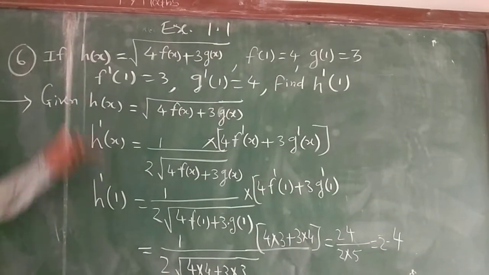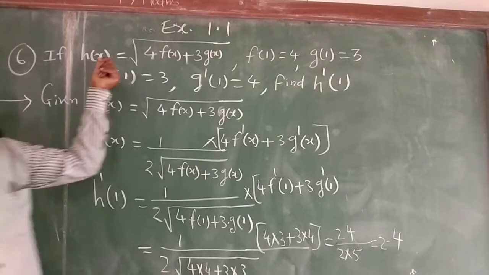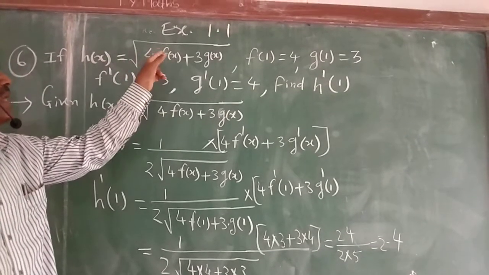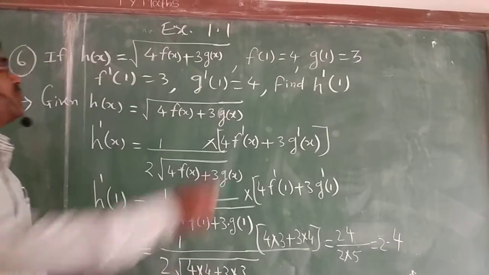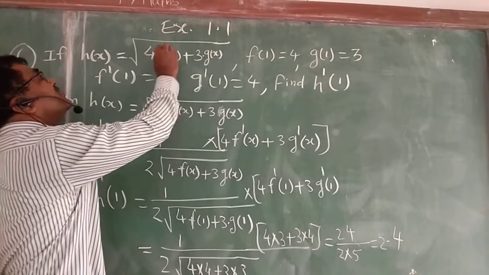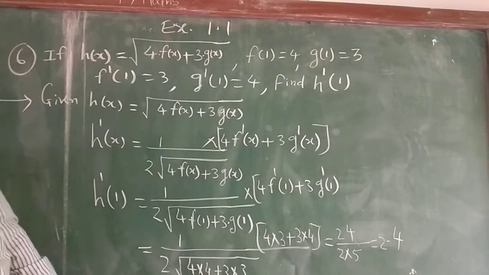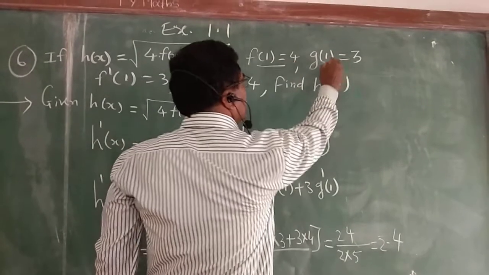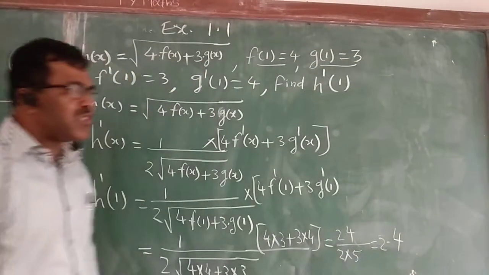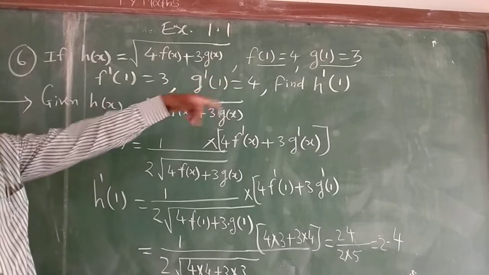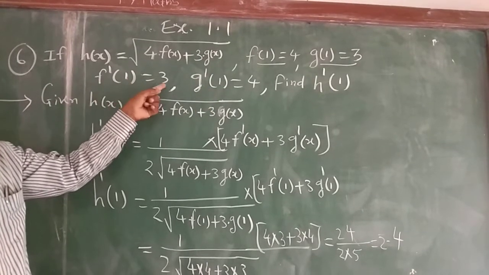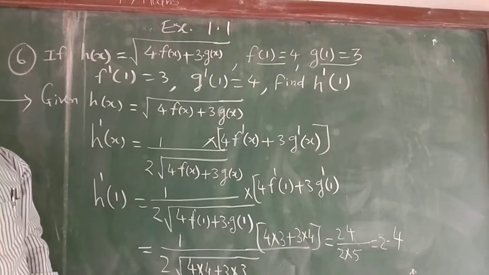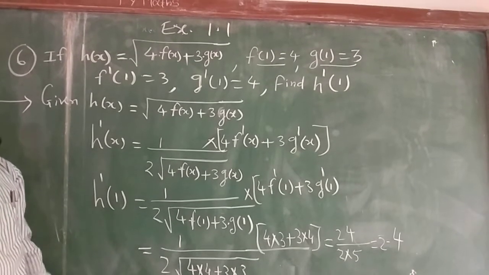1.1. If h of x equal to under root 4 into f of x plus 3 into g of x, given f of 1 equal to 4, g of 1 equal to 3, f dash 1 equal to 3, g dash 1 equal to 4, find h dash 1.